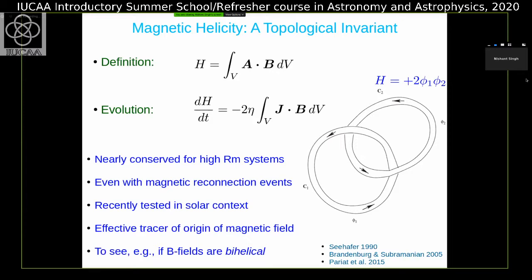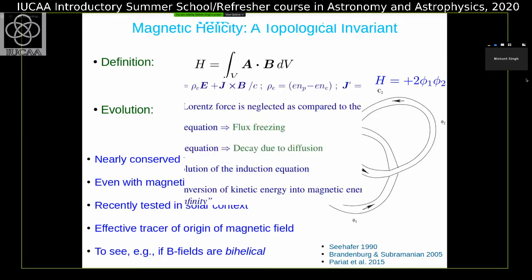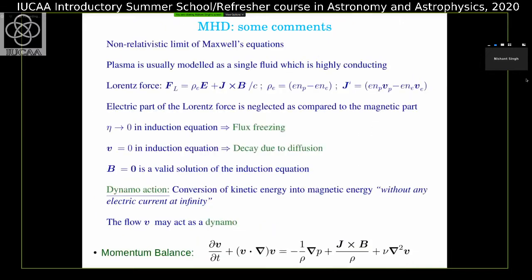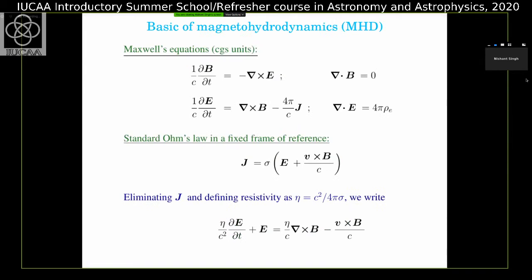But in order to generate a magnetic field, at some level, you must fundamentally change the field configuration, and that relies on having a finite, microscopic eta. So I think I'm done with this macroscopic plasma part, and we'll be happy to take questions.